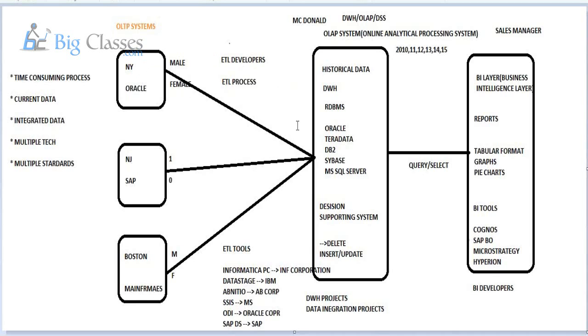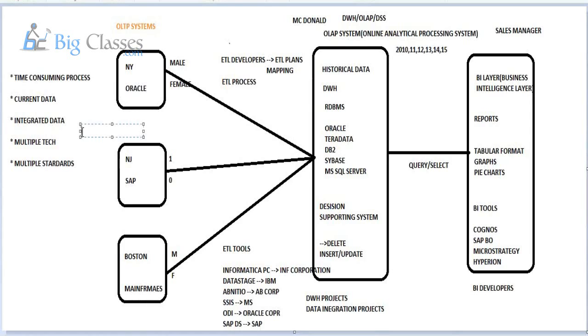So when I say ETL developer, the activity they do is that they develop the ETL plans, which are called mappings in Power Center. So the ETL plan in Informatica Power Center is called a mapping. So they create the mappings.